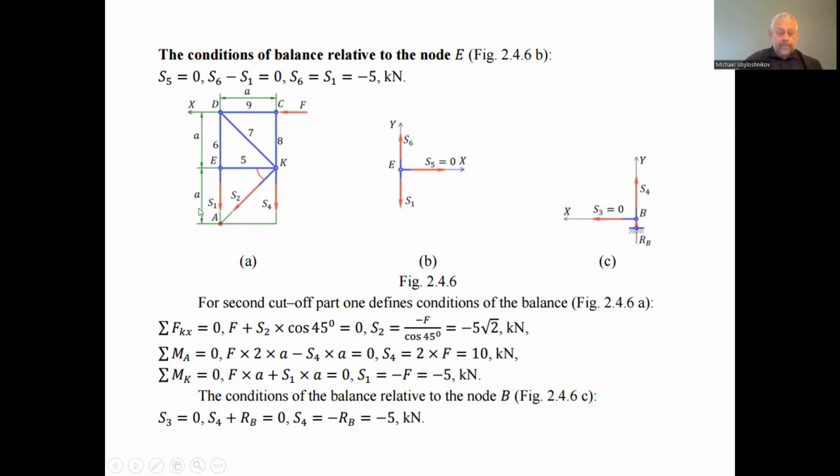After that, we can consider the equations of rotation around the point A. We have forces acting on the cut part of the truss and the balance equation for this cut part relative to the node A. The total of rotating moments MA: two forces S1 and F2 cross the point A, so the moments caused by forces F1 and F2 are equal to 0.